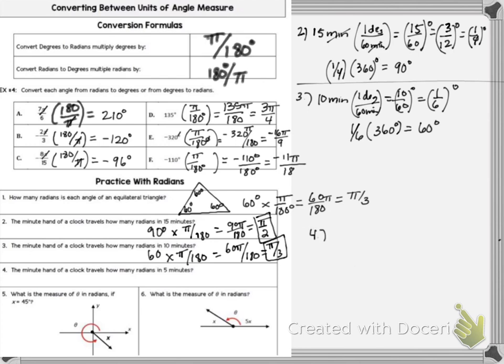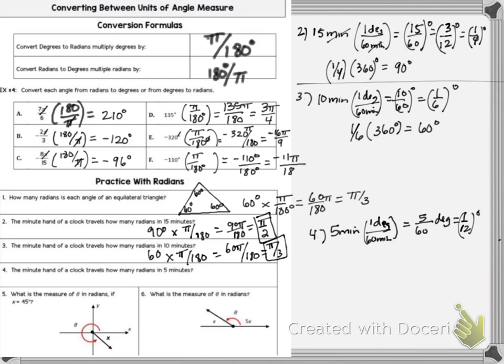Number 4 says the minute hand of a clock travels how many radians in 5 minutes? So again, I need to convert 5 minutes. One revolution is equal to 60 minutes, so I'm going to get 5 over 60, which gives me 1 over 12.